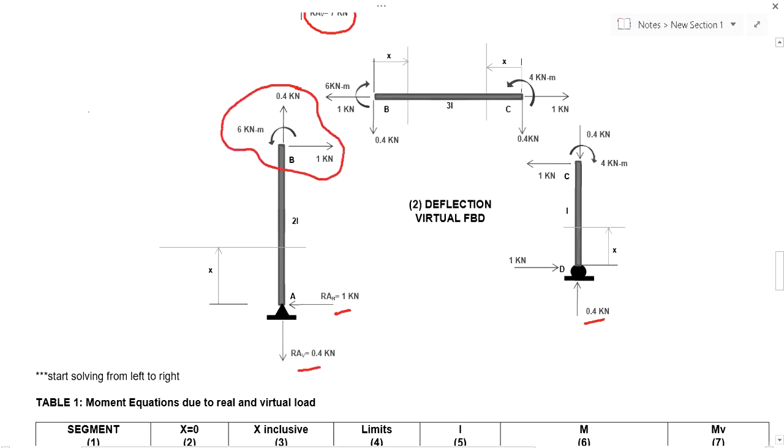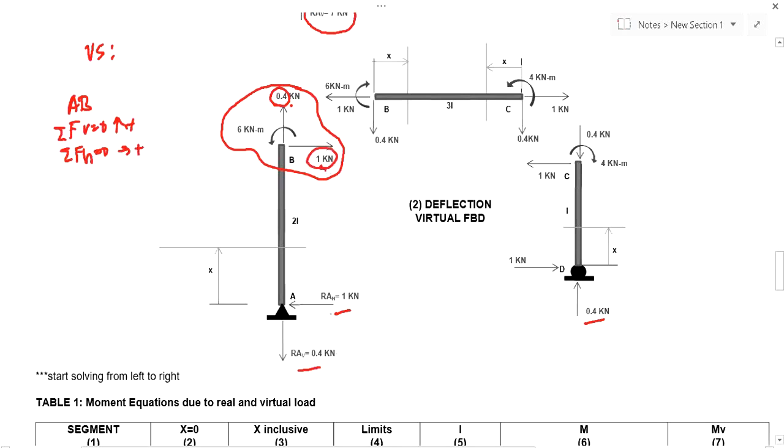Okay? So, for AB, this is for the virtual system for deflection. Okay? So, for AB, if we take our summation forces vertical, we will solve this 0.4. 0.4 is downward, so this 0.4 is upward. Okay? So, if we take our summation forces horizontal equal to 0, we get this 1.